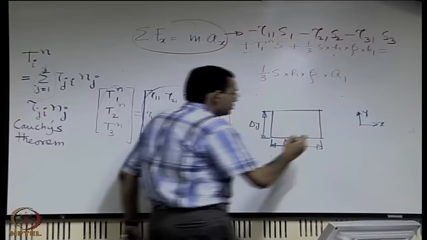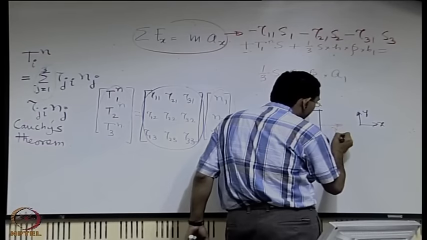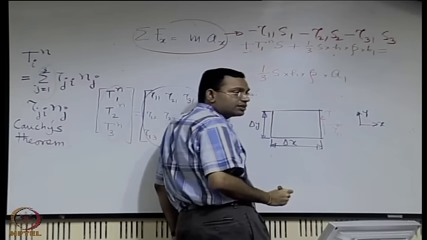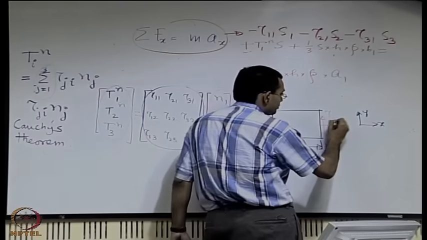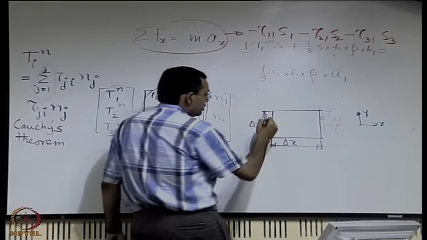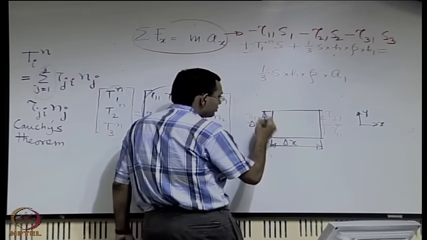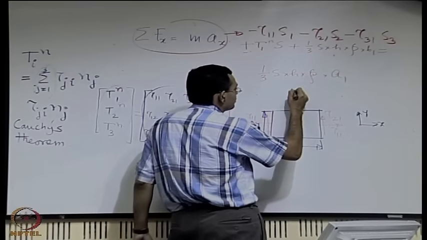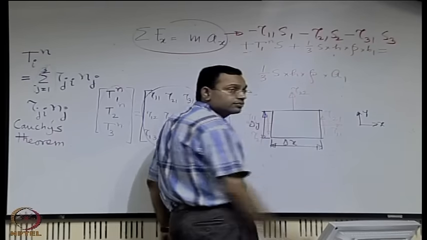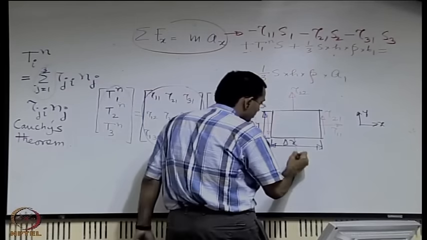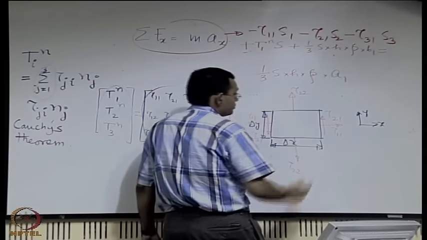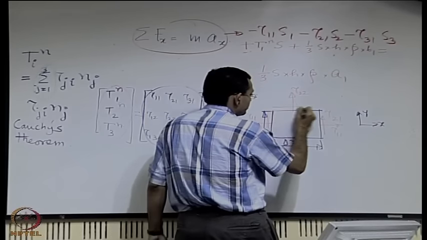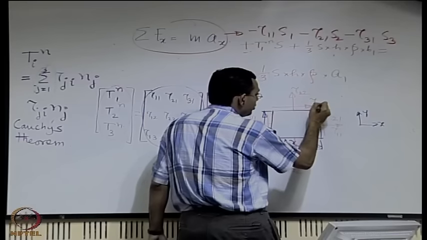Very quickly we will write it, because we have learned by this time how to write it. So this is tau 11, this is tau 21, here this is tau 11, this is tau 21, and here this is tau 12.